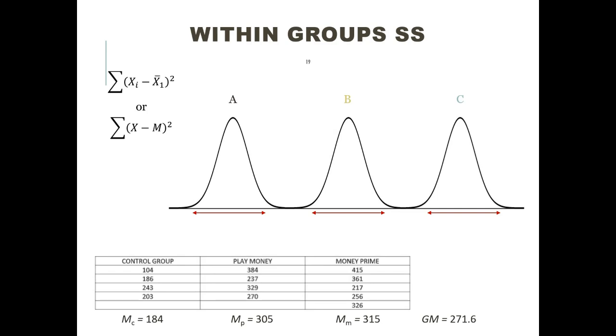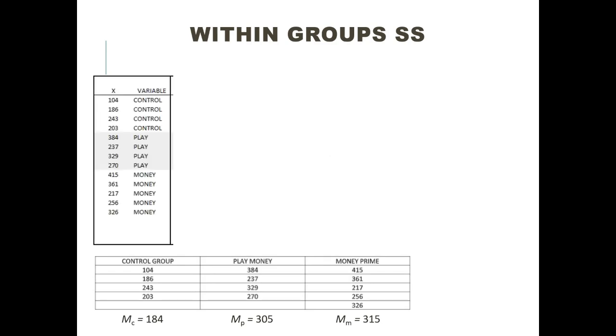So let's walk through how to do this together. Again, I'm going to lay out my data like this in one long column, also keeping track of what condition each data point is coming from. So for every data point, again, I'm going to subtract the group mean that that data point is a part of. So for 104, that's a data point that's in the control condition. I'm going to take that number and subtract the group mean for the control group from that.